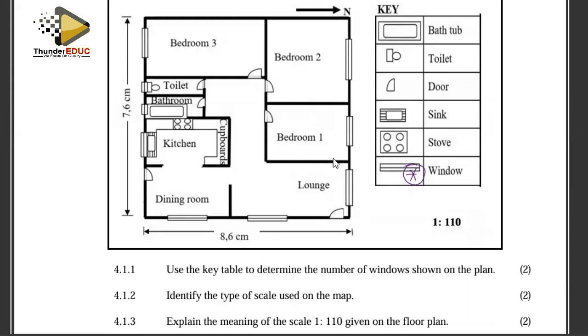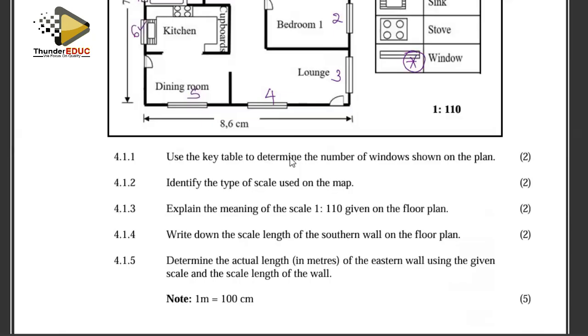So we have 1, 2, 3, 4, 5, 6. I don't know whether you've seen that. 7, 8, and 9. Okay, so they're asking, using the key, determine the number of windows. So we've seen there are 9 windows.